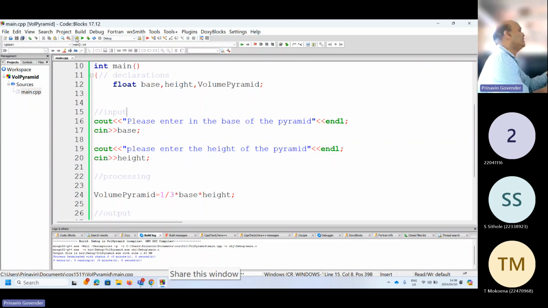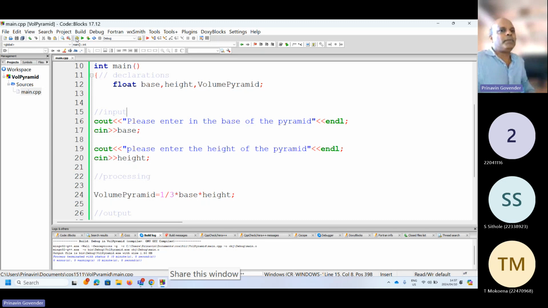Multiplied by the base of 300 meters. No. Okay, 300 meters. Multiplied by 200 is the height. So I should get a volume of 20,000 cubic meters.